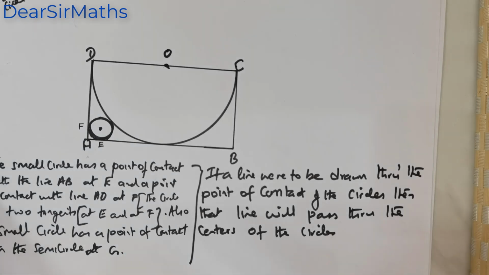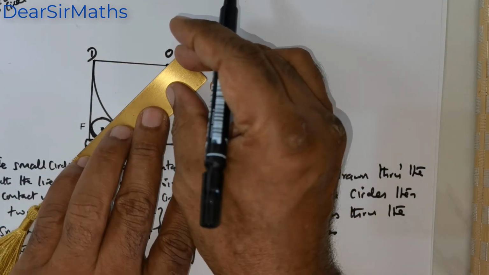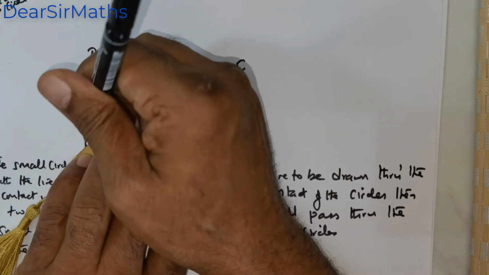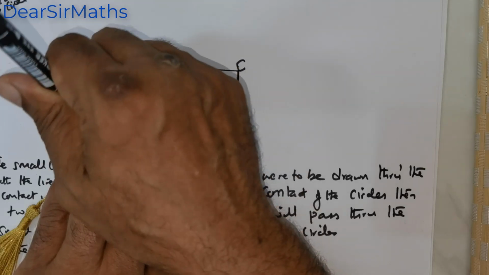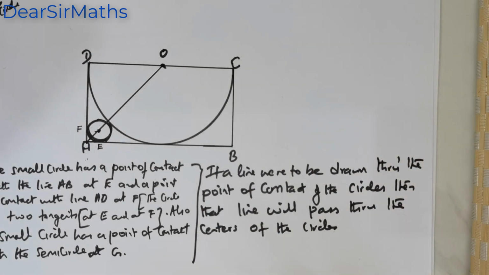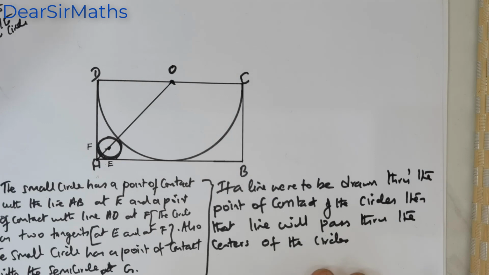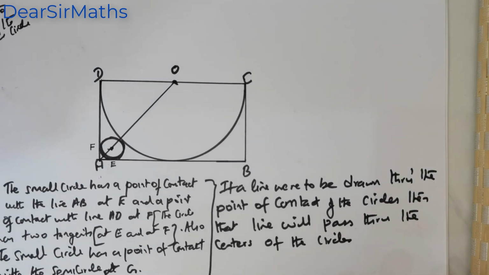Having mentioned that, let me connect. Okay, we have connected, and that's a good line given the freehand in which I'm drawing. Okay, that is fine. Now there are a few things we need to do.